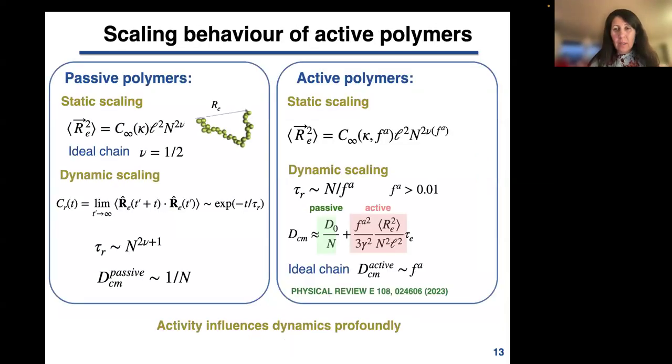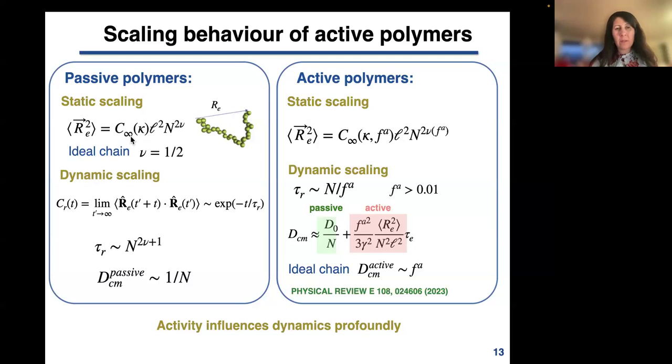And I would like to give you an intermezzo on the scaling behavior of active polymers, what changes when you switch on activity compared to passive polymers. So in passive polymers, if you are familiar, we typically look at a static scaling, which is the scaling of end-to-end distance with the chain length. And typically, we know that it goes as N to the power of 2 nu.